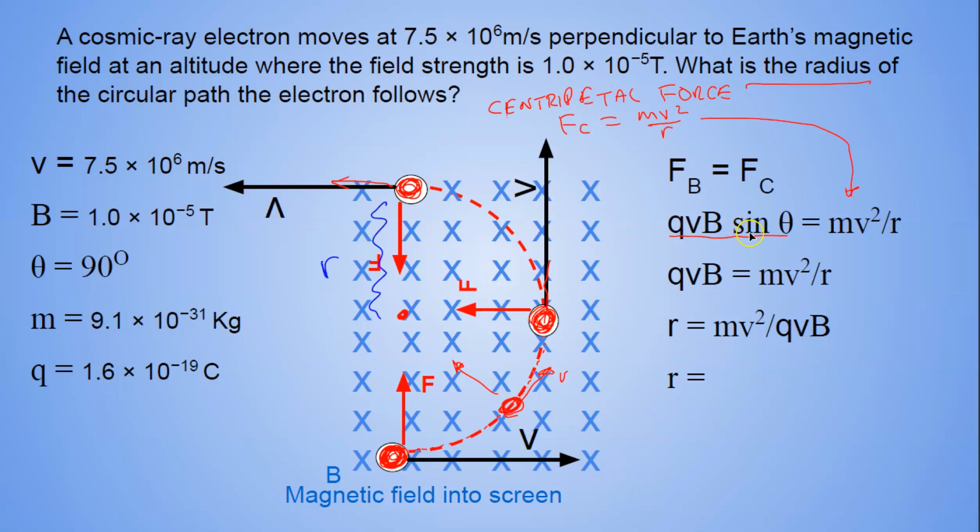In this case, we can ignore sine theta because the velocity is here and the magnetic field is perpendicular to that. So I'm just scratching off sine theta, letting that be a 1, not worrying about it. I'm down to this right here. At this point, we do a swappy thing. We could multiply both sides by r, cancel there, and simultaneously divide both sides by qvB. That would cancel all that, leaving me just r on the left. And I'd have mv squared over qvB on the right there.